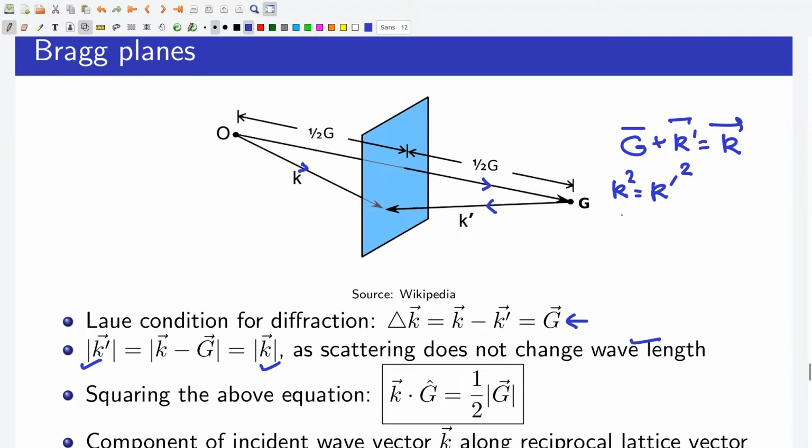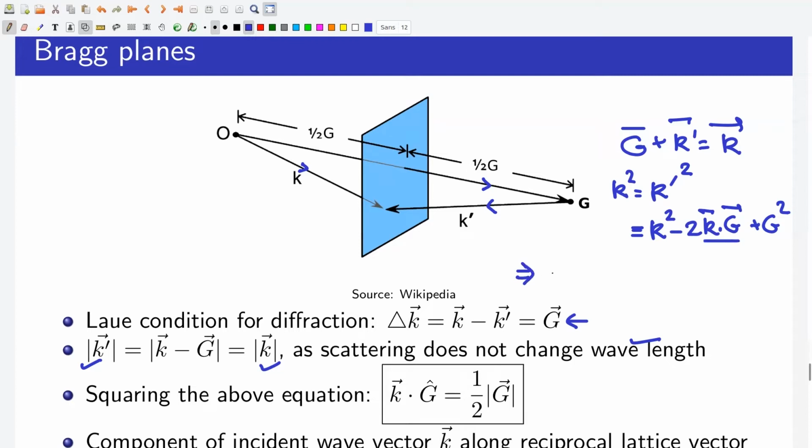We just rewrite this equation. This is equal to k square. What is k dash? k dash is k minus g. So this is k square minus 2 k dot g plus g square.